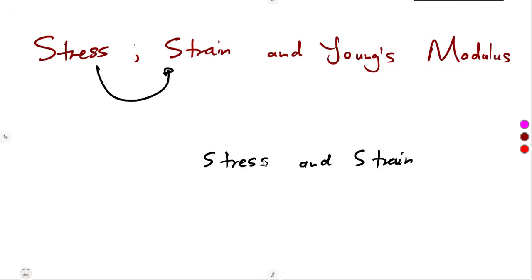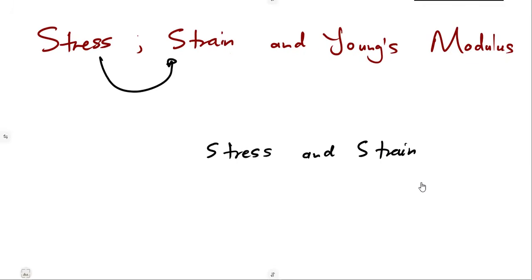So whenever we are going to be referring to the stress, at the same time, we are going to consider the strain in the calculations. So later on, we are going to consider the Young's modulus of elasticity, which we are going to look into later on.